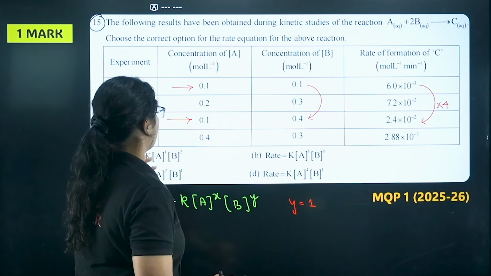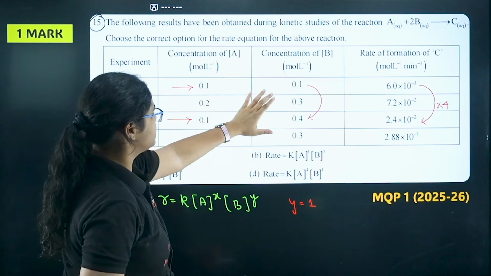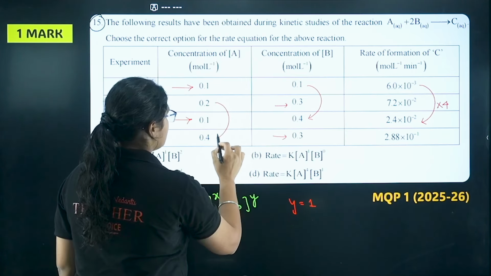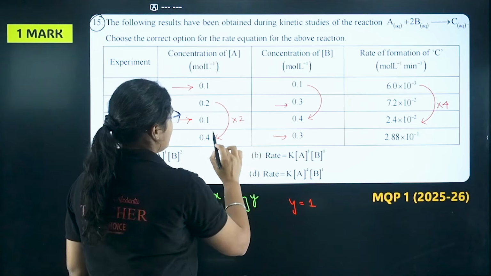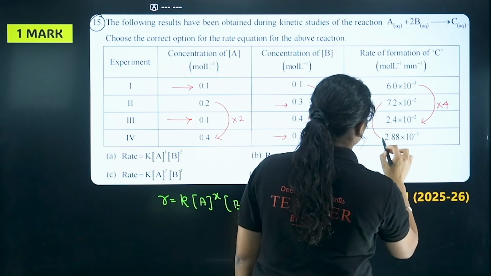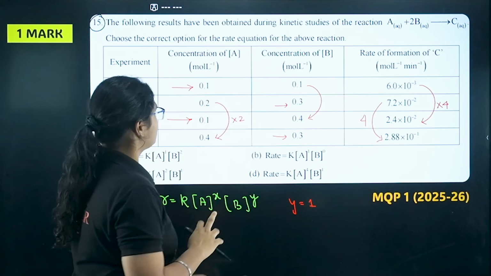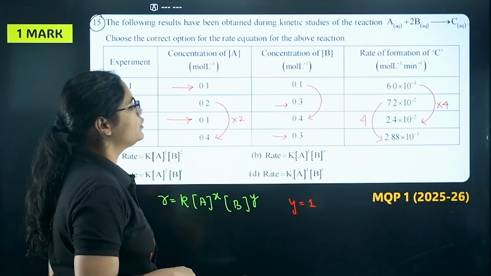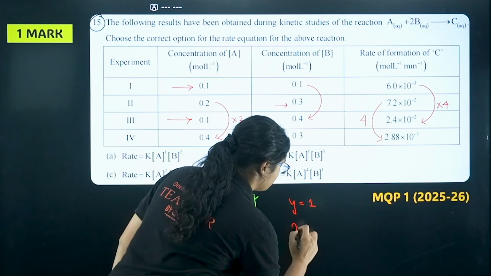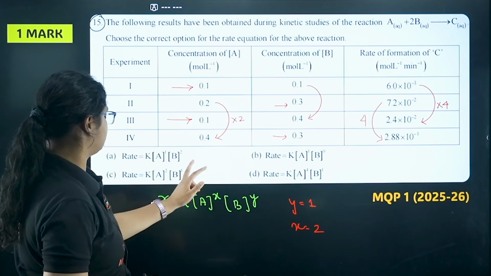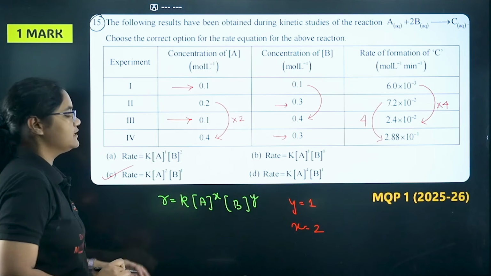Now let's talk about when the concentration of B is constant and you are changing A. Here you have doubled the concentration, and the rate has become 4 times, so with respect to A, the value of x will be equal to 2. So I will have rate equal to k[A]^2[B]^1, that is option number C here.